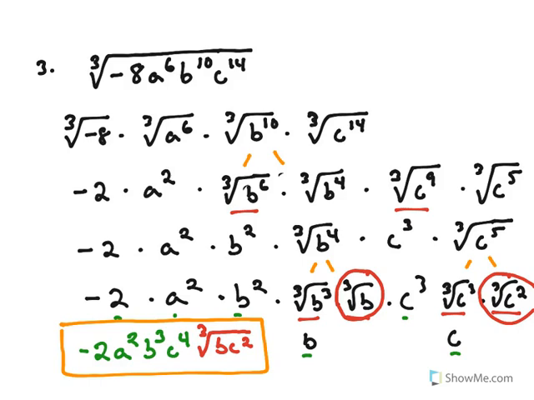In this case, we're doing the cube root, so we're looking for perfect cubes every single time, and we have to keep breaking it down. I hope that this video was helpful in identifying the very basics of simplifying radical expressions.